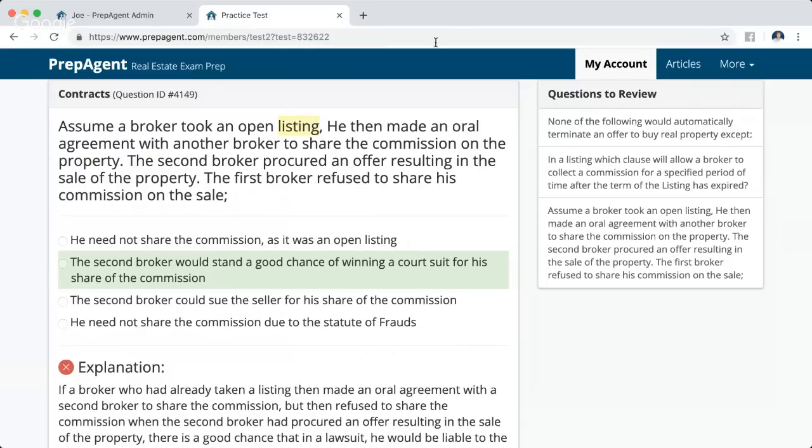What do you guys think? Because it's an open listing. Good. The second broker procured a purchaser. Excellent. And also the oral agreement could be valid.